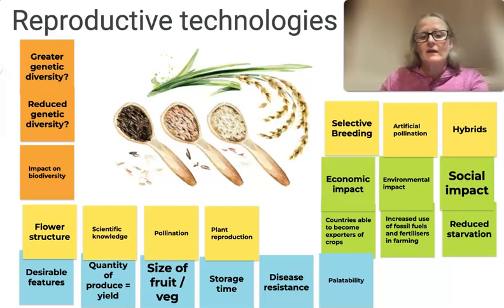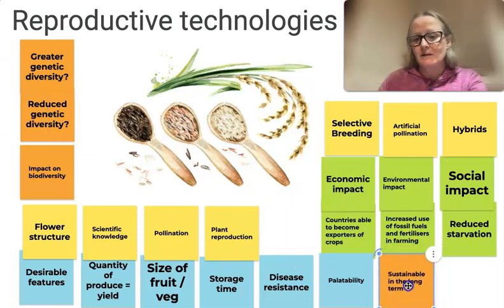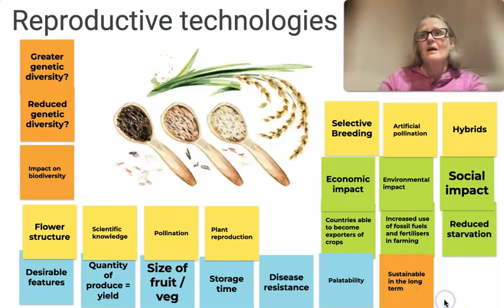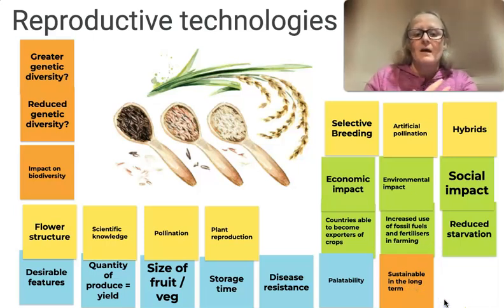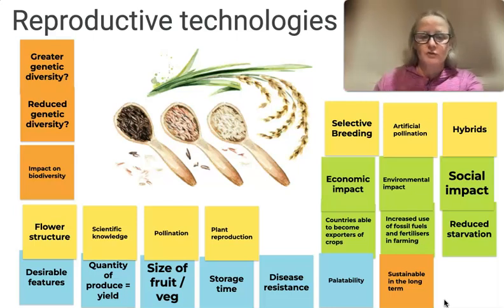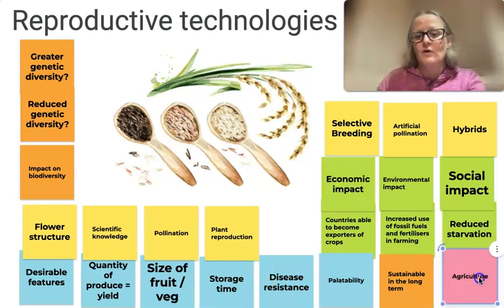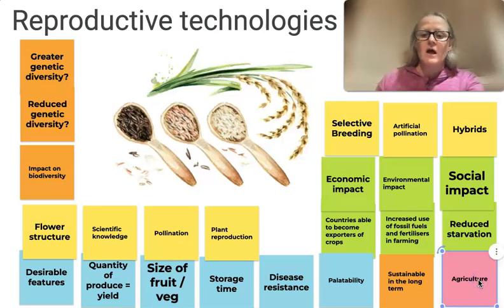So when we're thinking about plants, we need to think about long-term sustainability. Is this a good thing in the long term for that country, for that crop, for that variety? So obviously all of these are great examples for agricultural case studies.